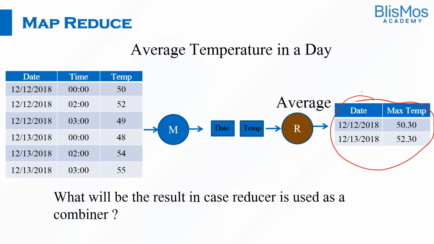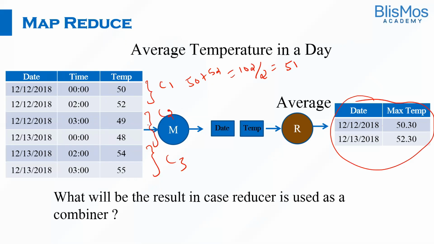If you introduce a combiner, in this case, these two will get into combiner 1, this will get into combiner 2, these two will get into combiner 3. 50 plus 52 is equal to 102 divided by 2 is 51. This is the combiner result. We are yet to arrive at the reducer result.